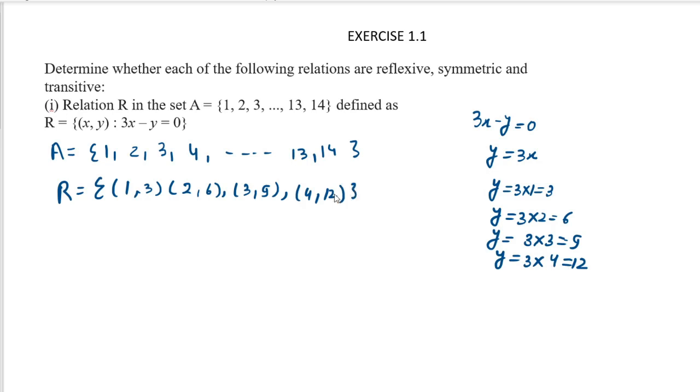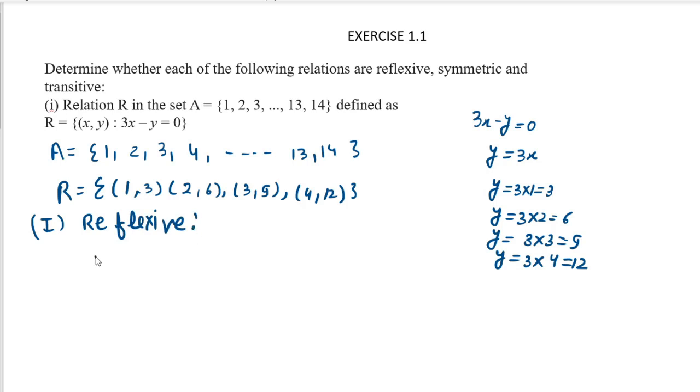Children, now I am going to tell you how to prove the reflexive, symmetric and transitive. Okay. So for the first part, children, for reflexive, see what is the condition of reflexive. So how will we do it for the reflexive?